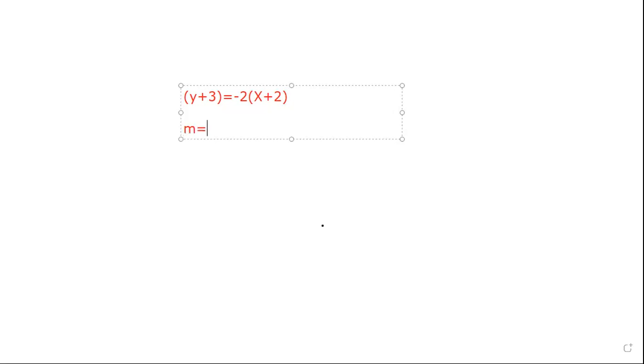The slope is negative 2. Yes, the slope is negative 2, and the point Adham said was negative 2 and negative 3. This is what Adham said. Is there a mistake or not?